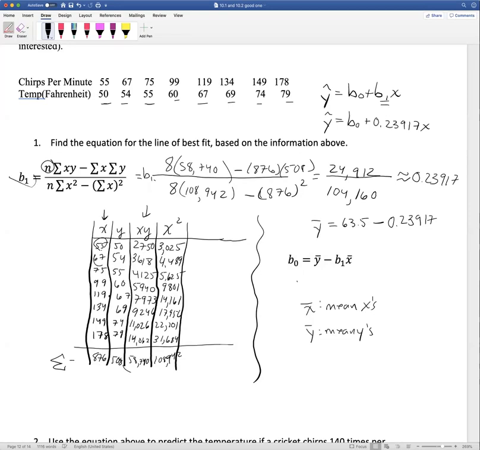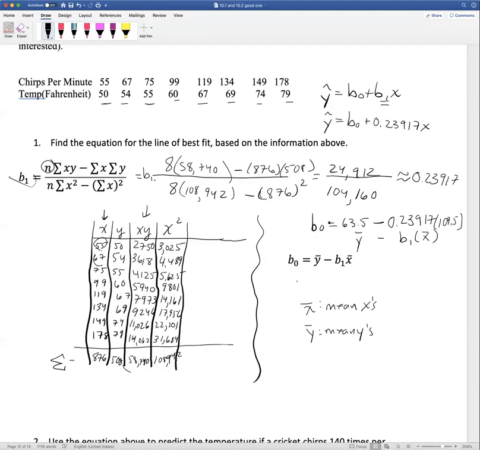So we're going to do 876 divided by 8 values, and that gives us 109.5. Excuse this notation over here. This shouldn't say this. This should say B naught. Sorry, B naught equals y bar minus B1 times x bar.